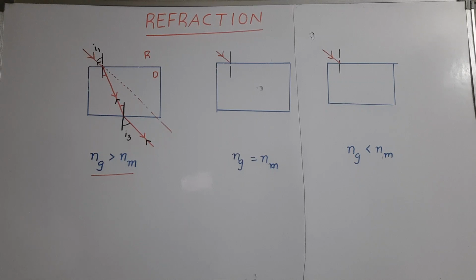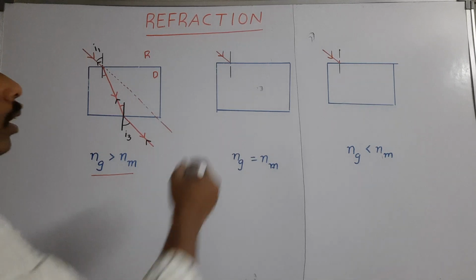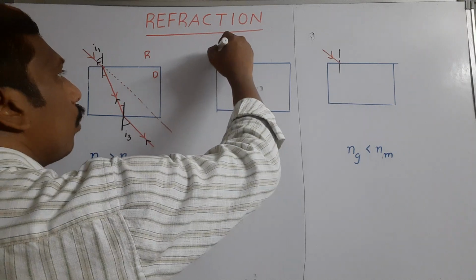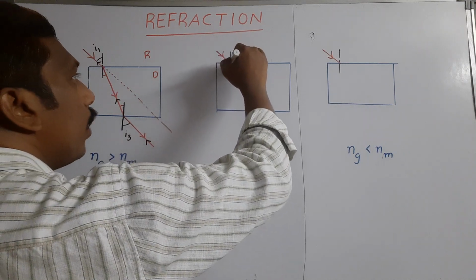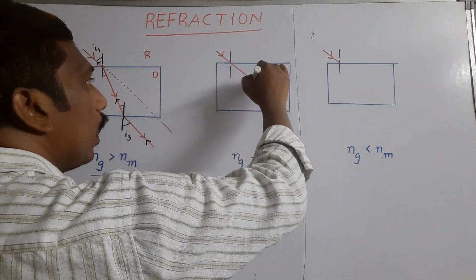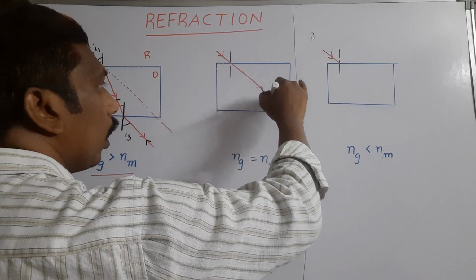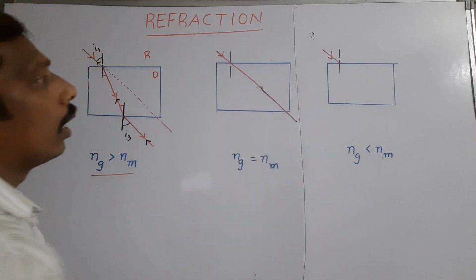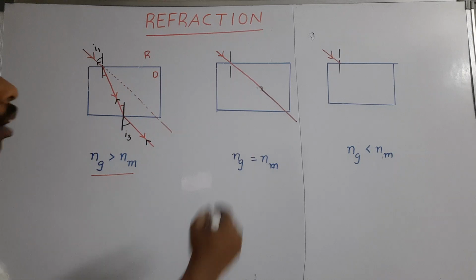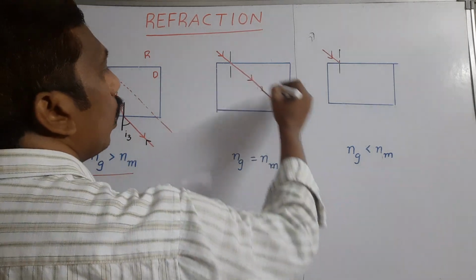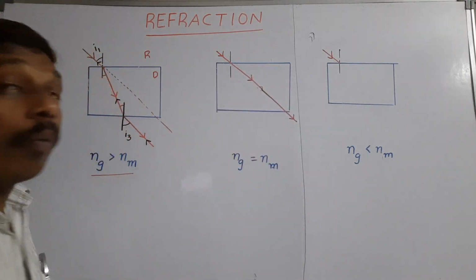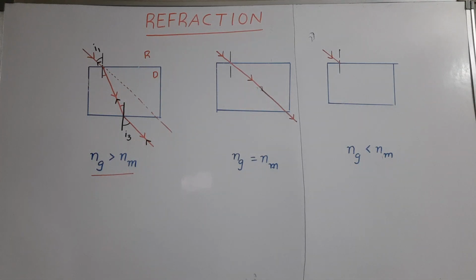If both refractive indices are equal, then what happens? The light ray is undeviated. It goes along the straight path only. In this case, no bending of light will take place.